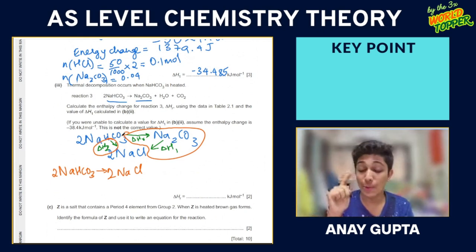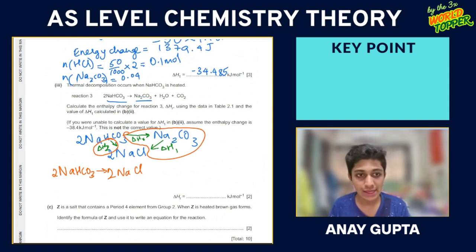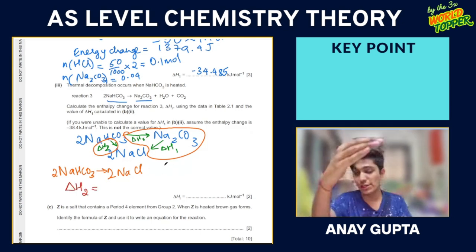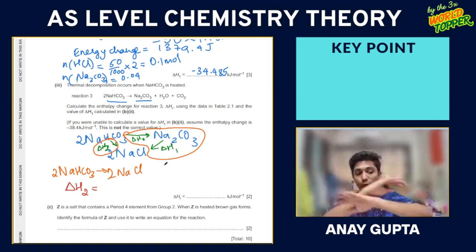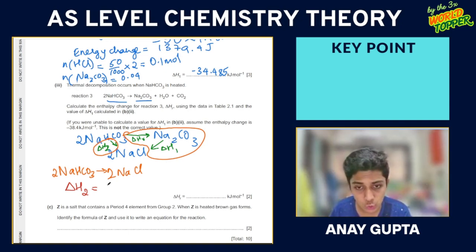Always pay attention to the direction of your arrows. Make sure your arrows are facing in the same way. So now in this case, I can form one equation, because the enthalpy change for a particular start point and a particular end point is going to be the same. So delta H2 is equal to delta HR plus delta H1.